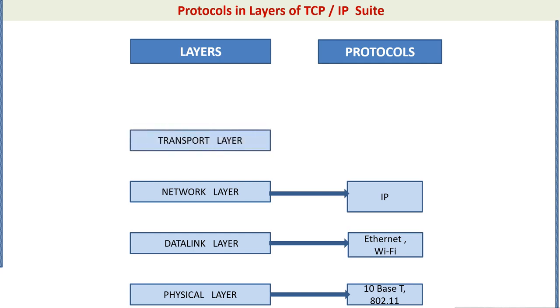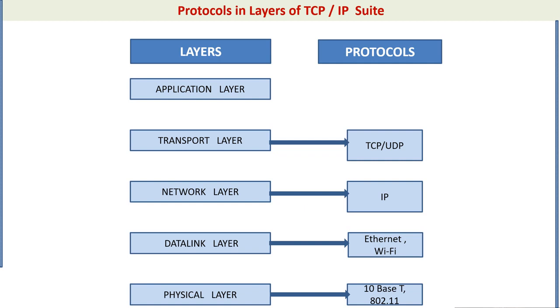Transport layer uses the protocols TCP and UDP. TCP, Transfer Control Protocol; UDP, User Datagram Protocol. Finally, the application layer uses HTTP and SMTP, Hypertext Transfer Protocol, and Simple Mail Transfer Protocol.